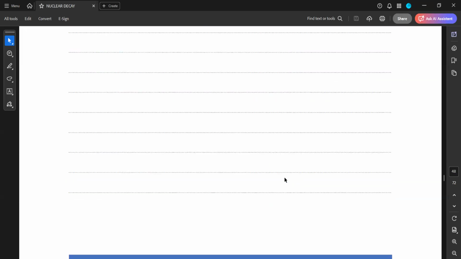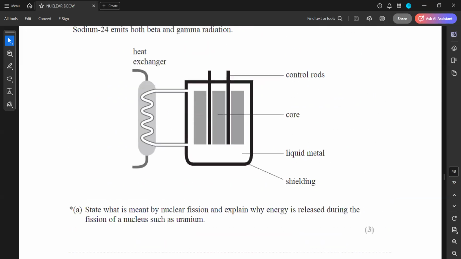So for a shielding, which material is suitable and why? What is the main purpose of the shielding? We don't want the radiation to escape. So a material like thick concrete can be used.